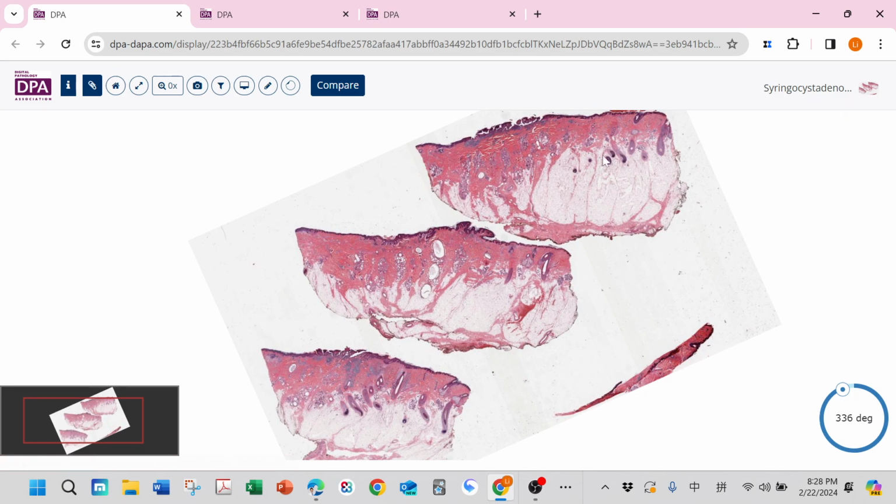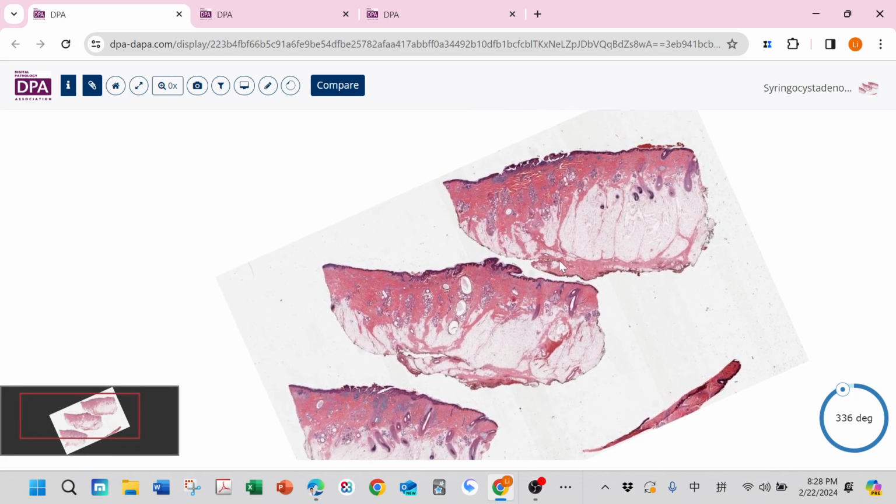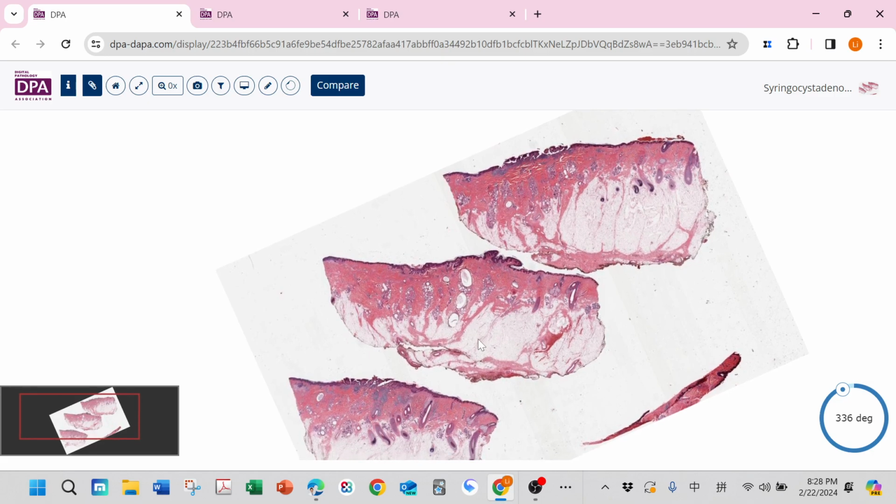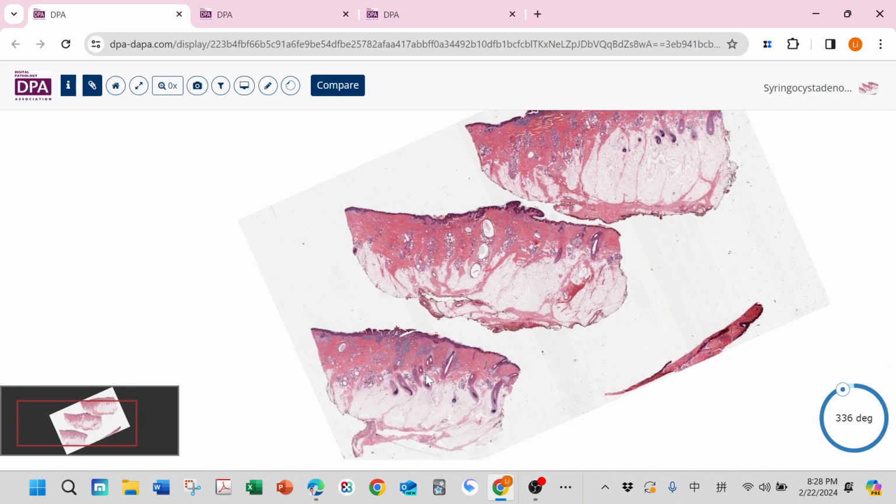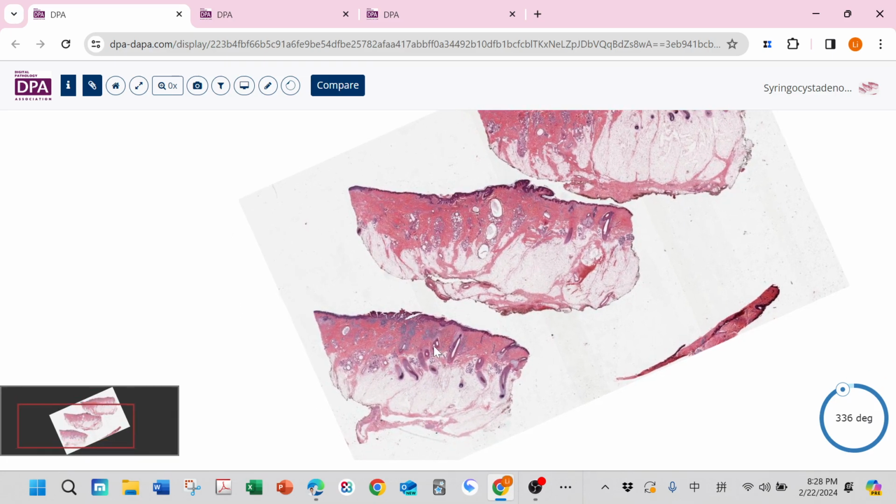This one is really funny. I remember I still have another lecture on nevus sebaceous. So this one, we know that this is in the scalp because we can see this big hair follicle going down deep into the subcutaneous fat.